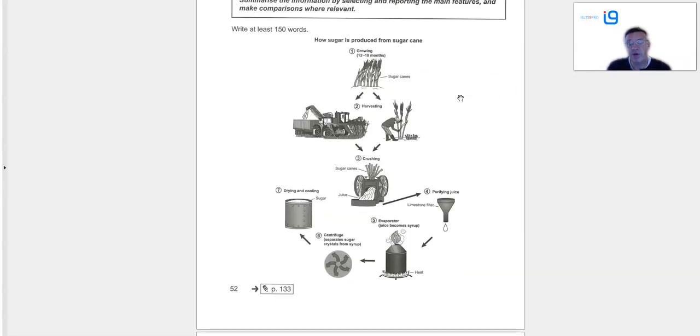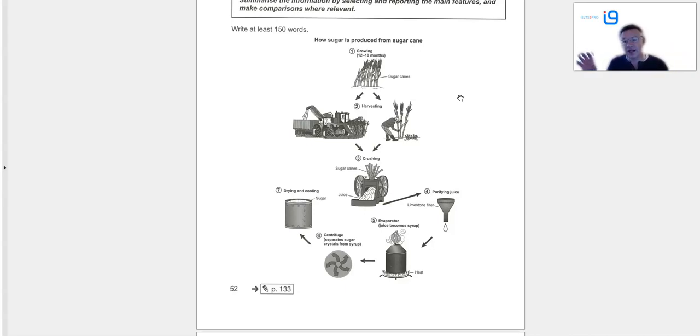And that's basically it. Now, I noticed one of the problems with this one is getting it to over 150 words. A lot of this comes down to how you write your sentences. Sometimes if it's a bit sparse, you have to fill out your sentences, such as, in the next stage, the next process is after this, when this is done, and then this is taken to a machine, and during this process, you've got to pad it out.